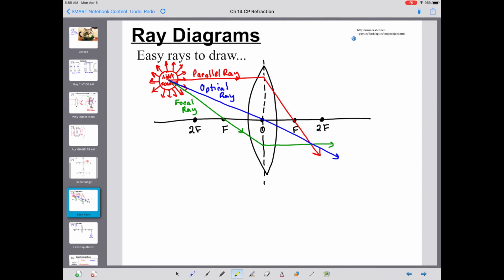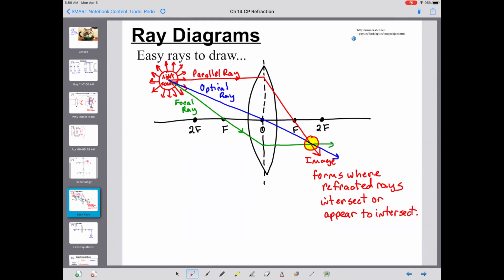Now, notice those rays went through the lens, they refracted, and they all came together right to a single point over there. Well, that is the location where we would see the image of whatever our object was. That image forms where refracted rays intersect or appear to intersect. In this case, the rays actually intersect.